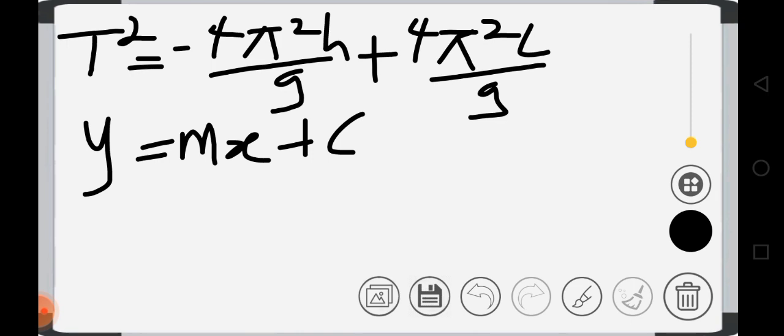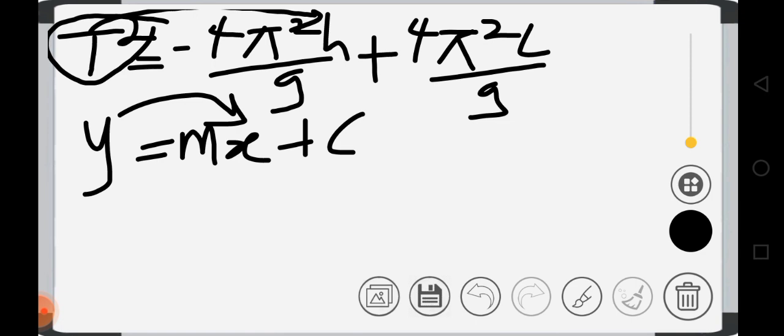So you take note of the spelling of abscissa and ordinate. For this one I'm plotting y against x. For this part now I'm plotting t square against h.